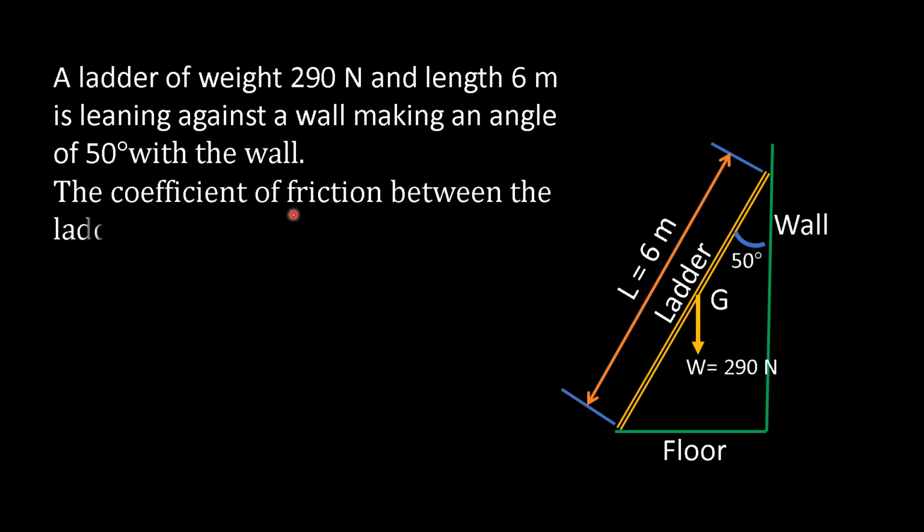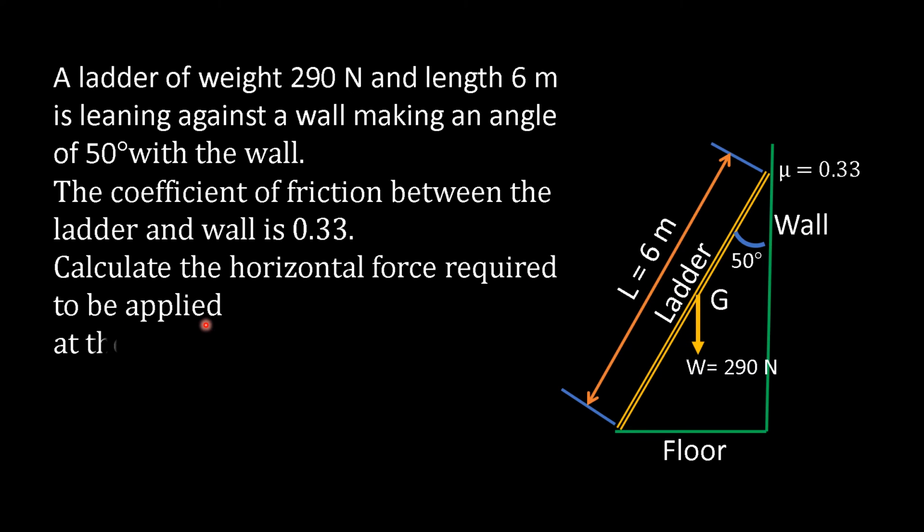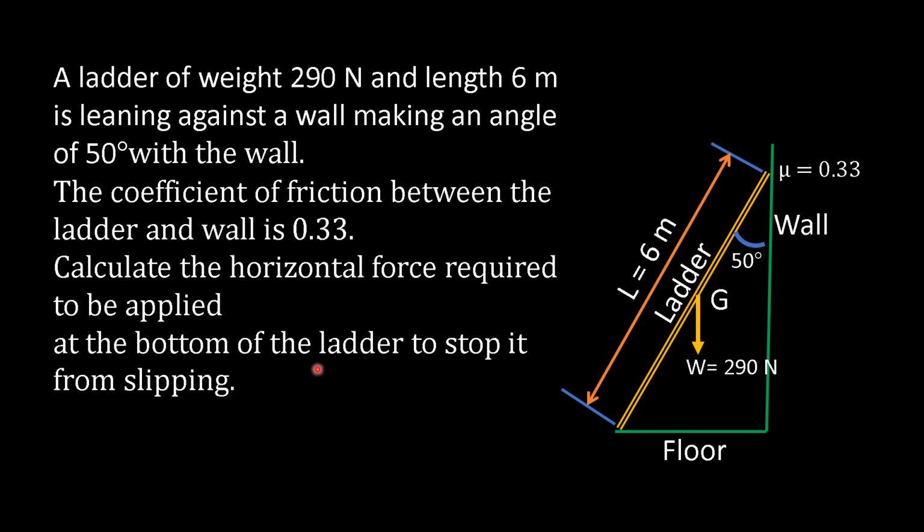The coefficient of friction between the ladder and the wall is 0.33. Calculate the horizontal force required to be applied at the bottom of the ladder to stop it from slipping. This is what we have to find out, value of P.